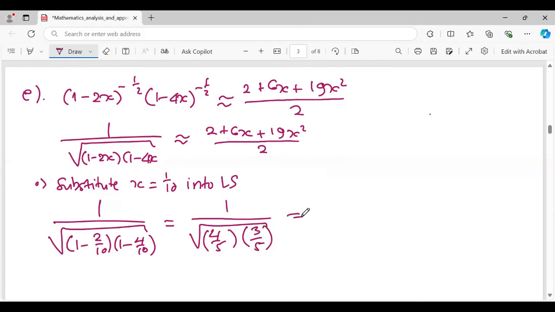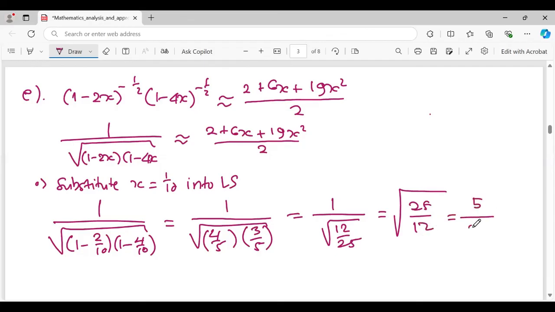So it's going to be 1 over square root 12 over 25, or square root 25 over 12, 5 over 2 square root 3.